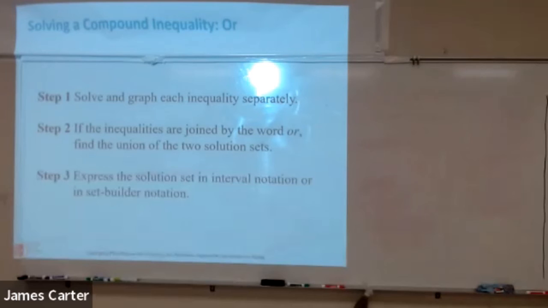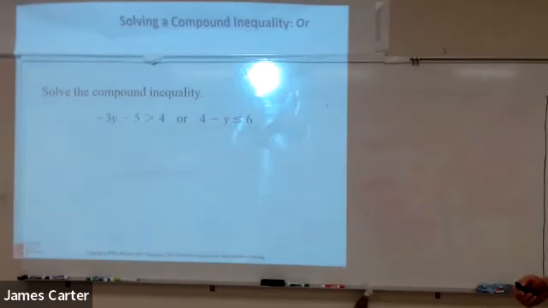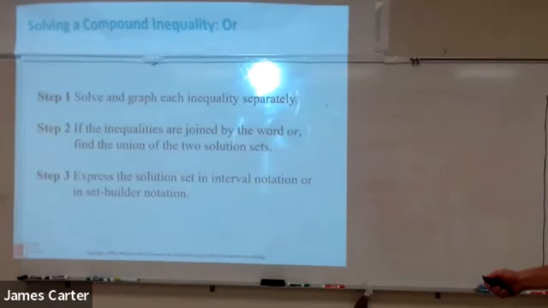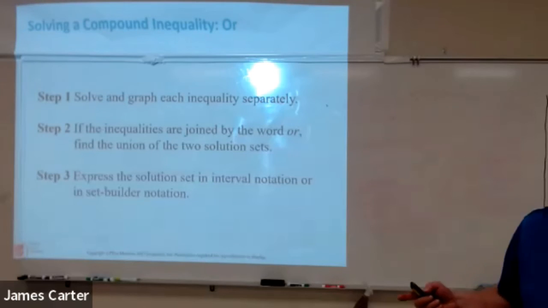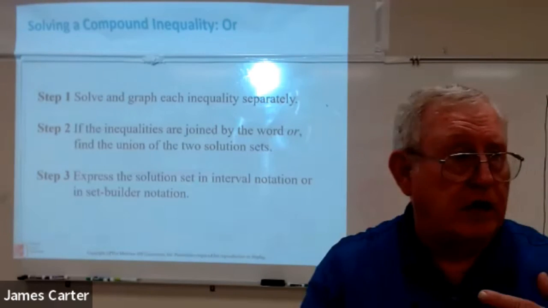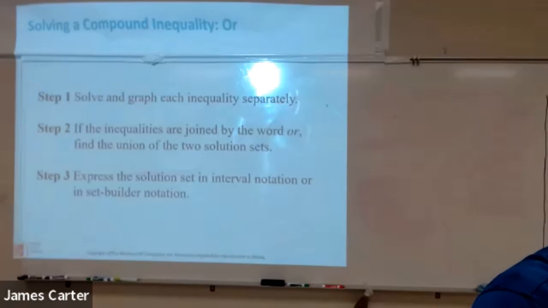You can read this stuff. Whoops, went too fast. Solve and graph each one separately. Even the textbook is telling you that on this part. The reality is, if you try to do it compounded in an or statement, you will get a wrong answer.